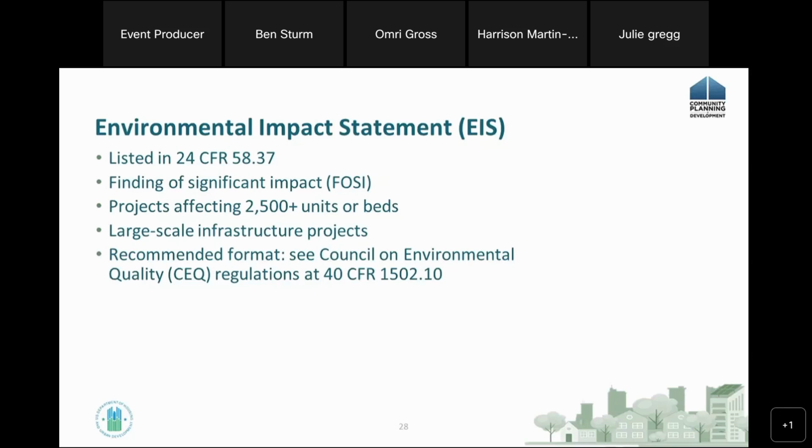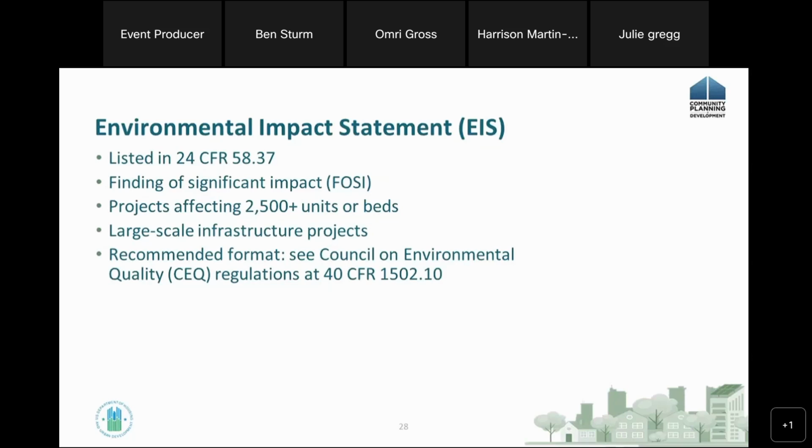HUD regulations also state in 24 CFR 58.37 that EISs are always required for projects that in any way affect 2,500 or more units or beds. In this case, an example would be hospitals. Or additionally, these may include large-scale infrastructure projects such as major highways or freeways.